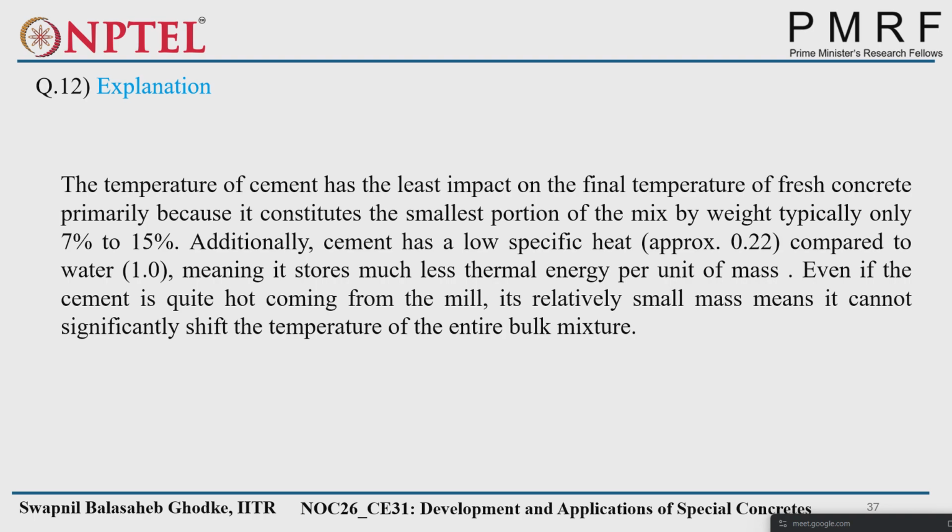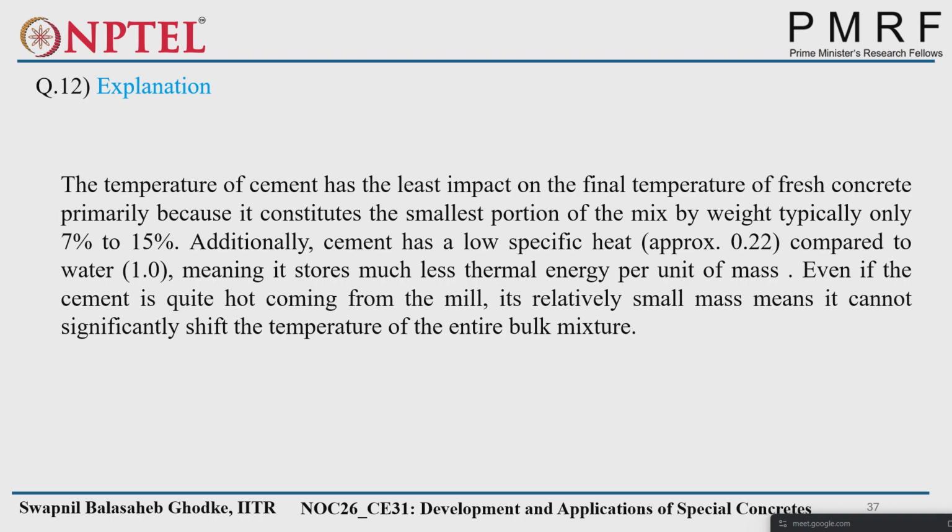Most of the students will pick the first one, cement, as the highest one, right? Maybe that first thought came to your mind also, but cement will not be the answer. The thing is that the proportion of coarse aggregate will be higher, and water. If you see, to decrease the overall concrete temperature by 0.5, we decrease the water temperature by 2 degrees Celsius, because water has more impact.